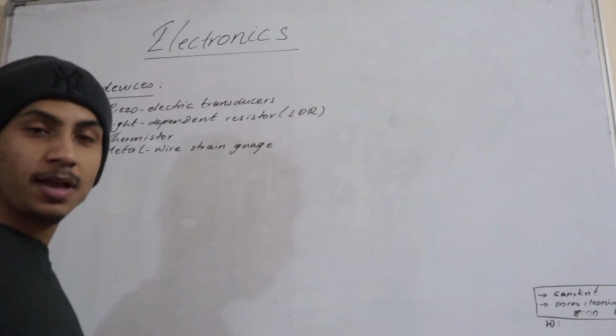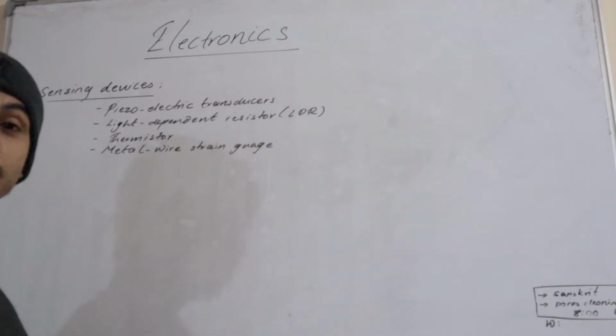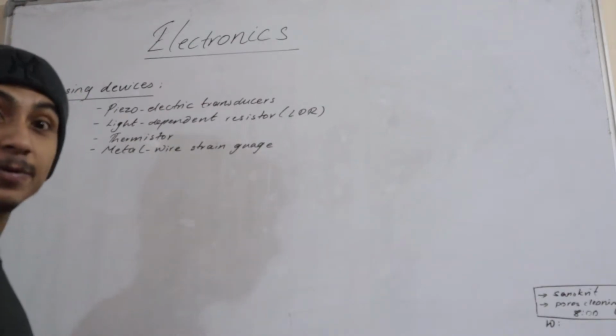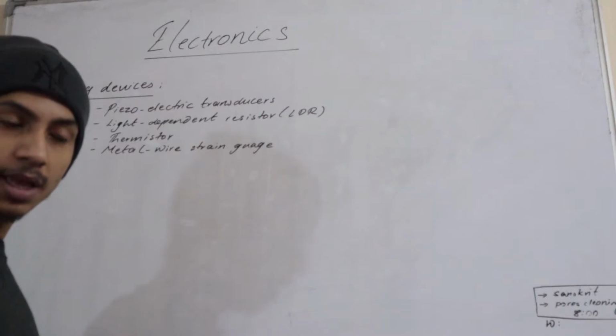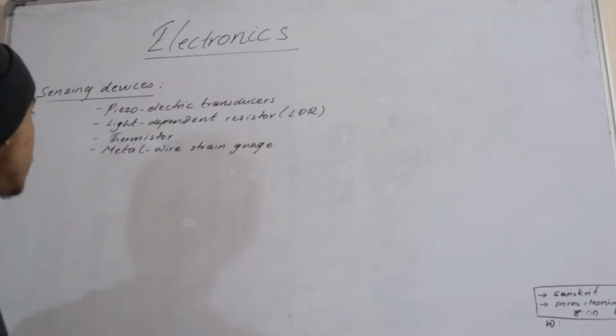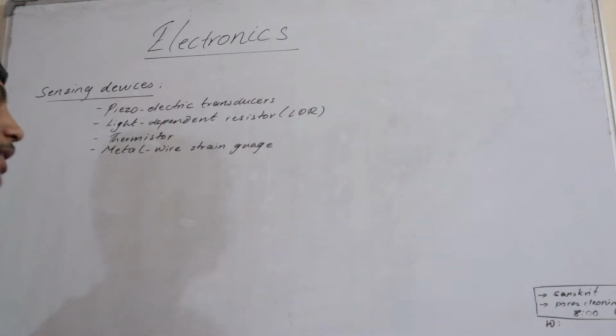Hello. So today I'll be talking about A-level electronics. In A-level physics, in the electronics chapter, we'll just study sensing devices.